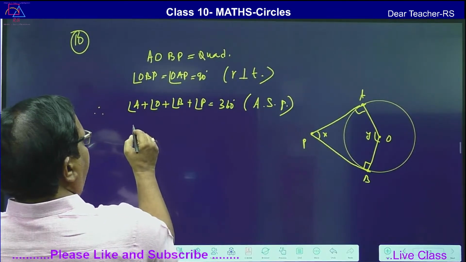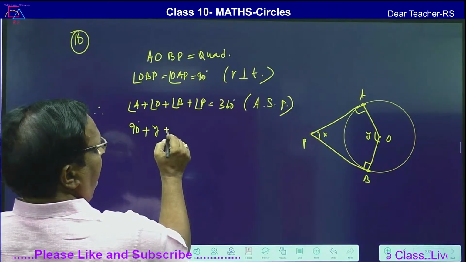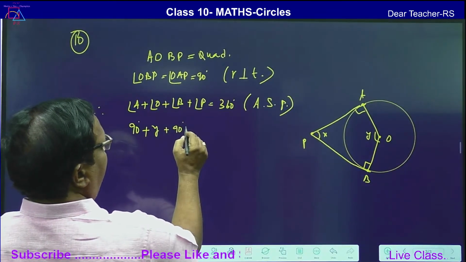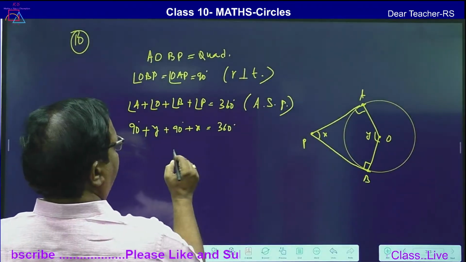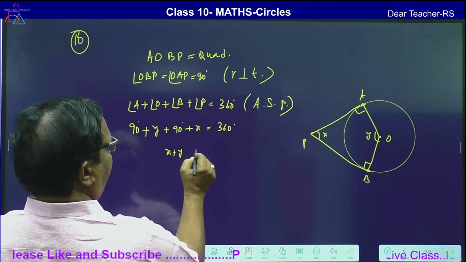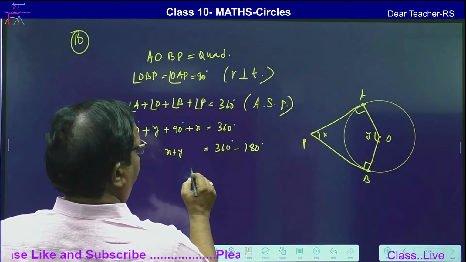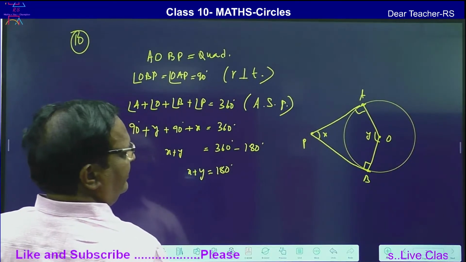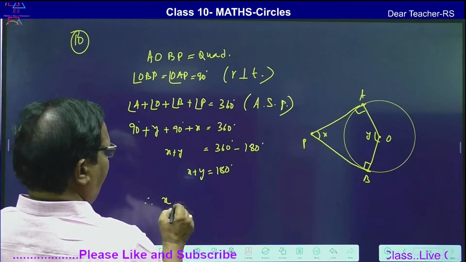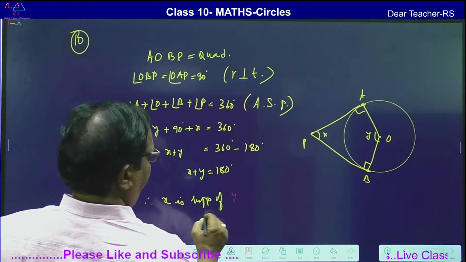So, A is 90 degrees, O we do not know, B is 90 degrees and P is x, equal to 360 degrees. So, x plus y is equal to 360 degrees minus 180 degrees. So, x plus y is equal to 180. Therefore, x is supplement of y.